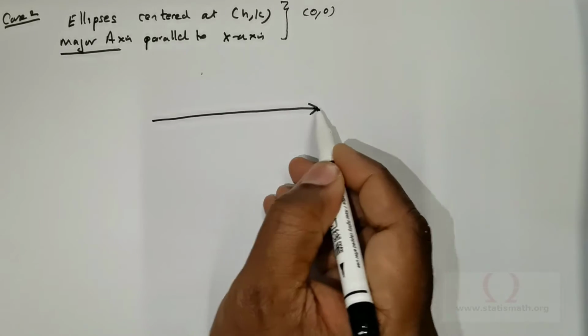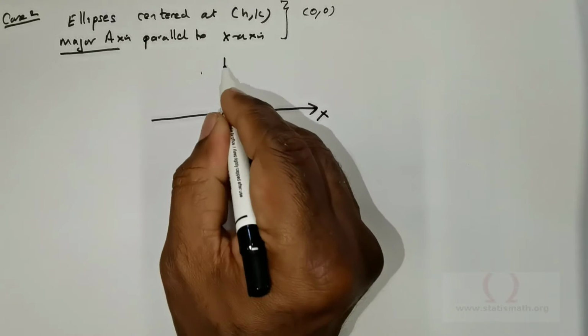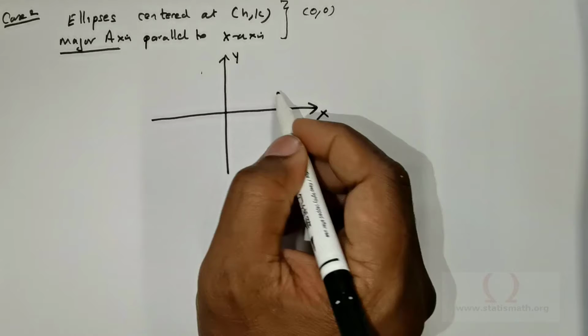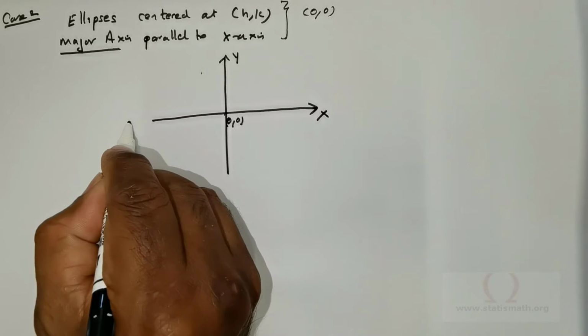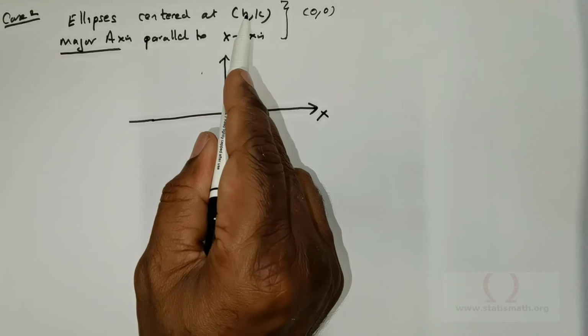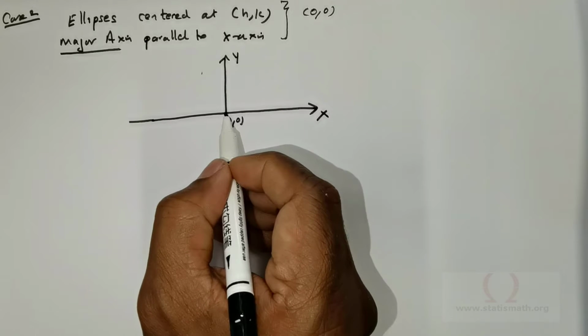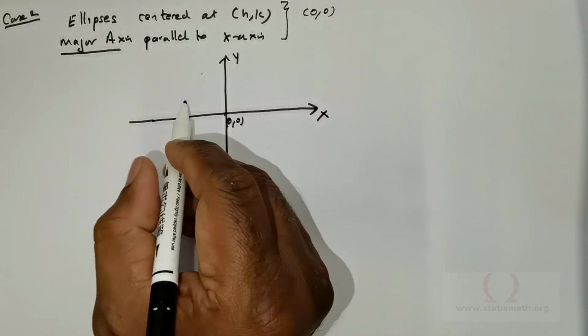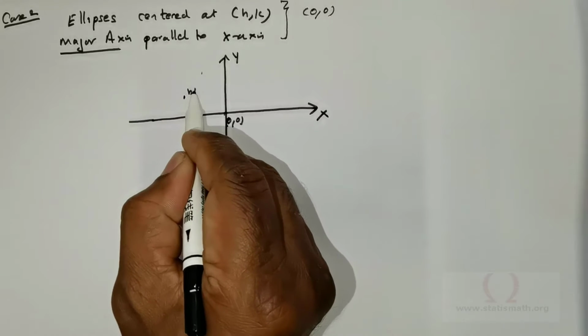Now we have the x-axis here and the y-axis. So this is 0, 0. Now this ellipse which we are talking about has its center at h, k. That means it is not going to lie at 0, 0, but at some other point over here, h, k.